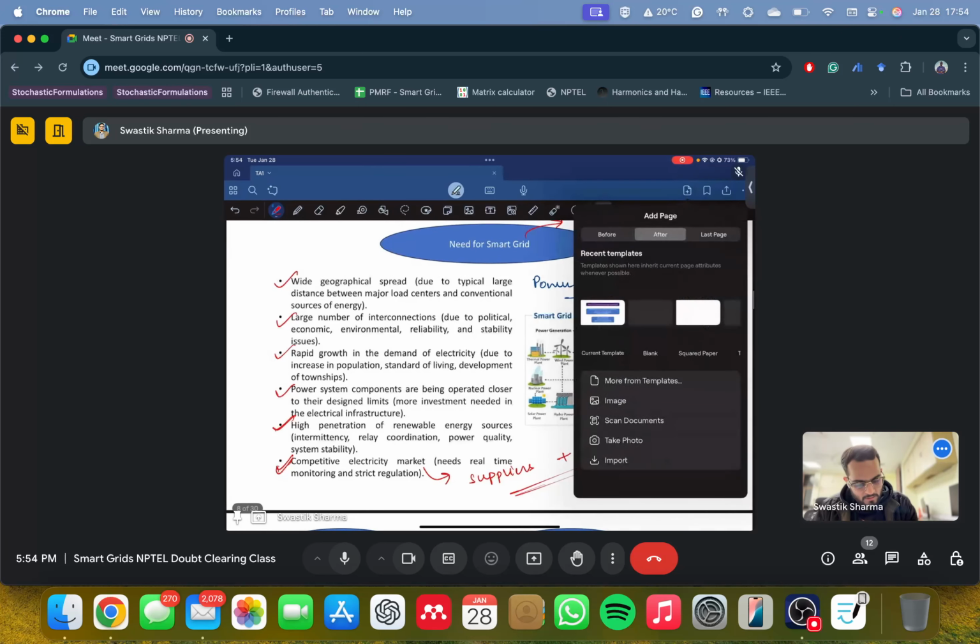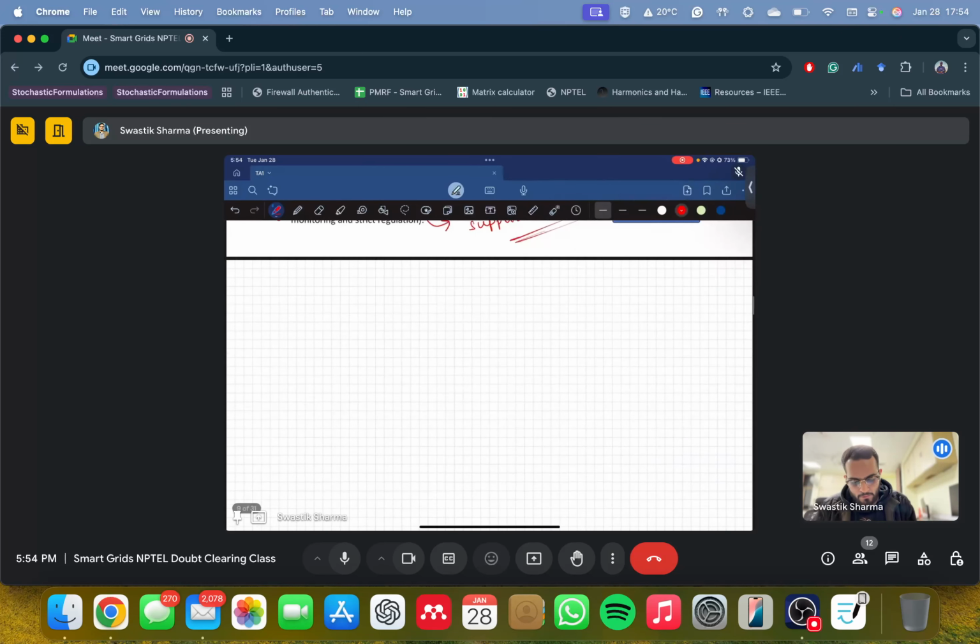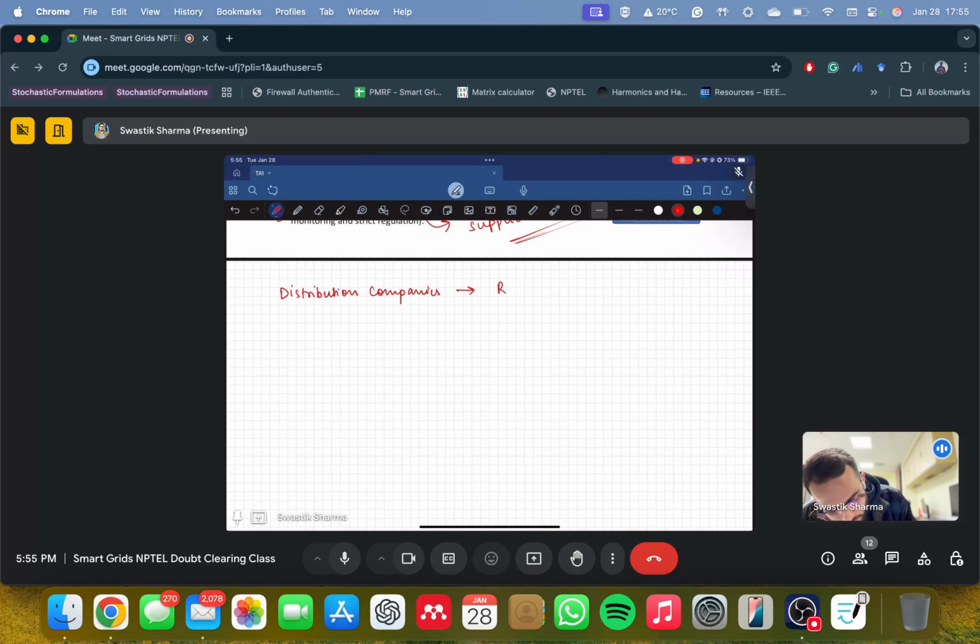Someone said RPOs, right? So what the Indian government has done is they have asked each one of you discoms, or distribution companies, in the power you buy, you will have certain obligations, certain renewable purchase obligations.